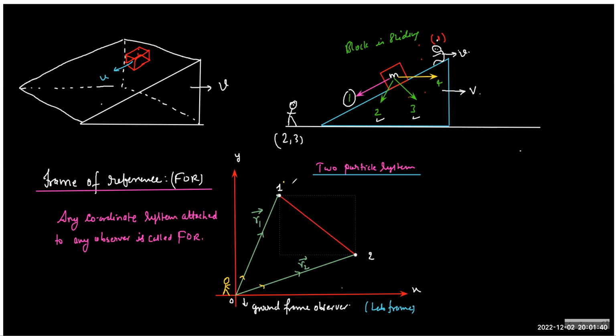If you ask the guy 1, where is 2? The finger he will point is like this. Yes or no? Tell me. So what this arrow represents, the last arrow which I have drawn. Let's draw with some other color. What is the physical significance of this arrow? Tell me. Direction of 2 with respect to 1.